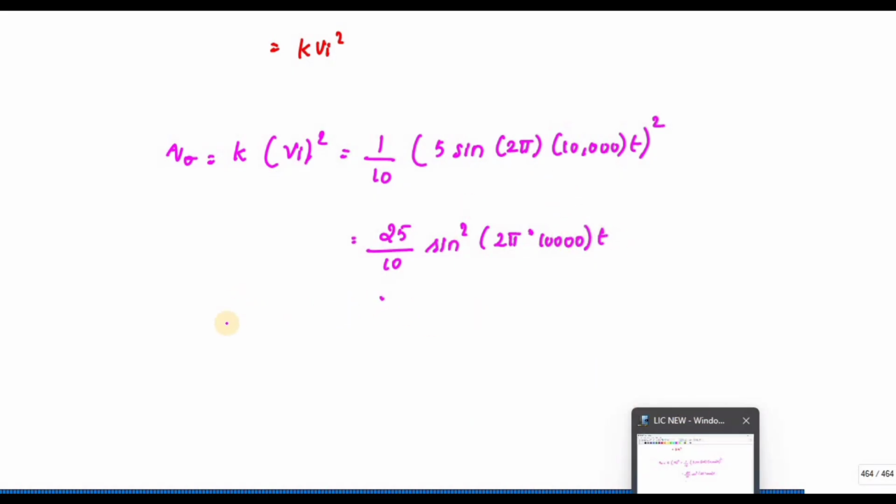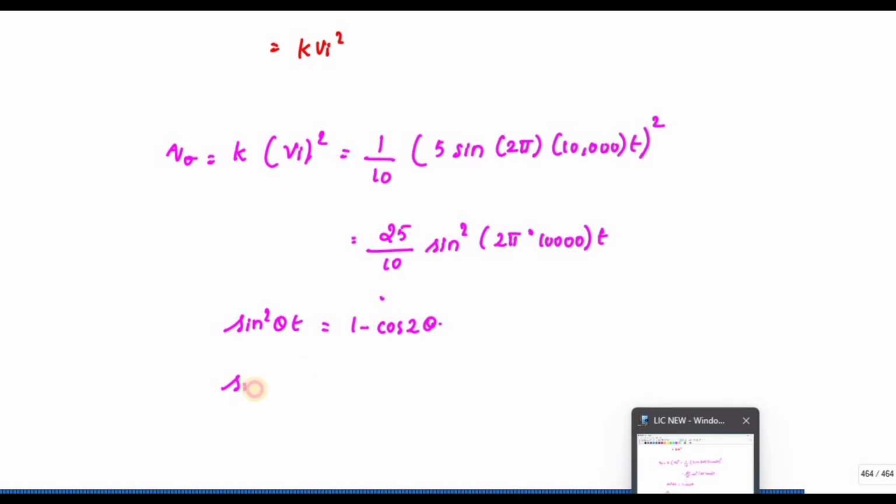You know how to write sine square theta: sine square theta is equal to (1 minus cos 2 theta) divided by 2. This is a formula.